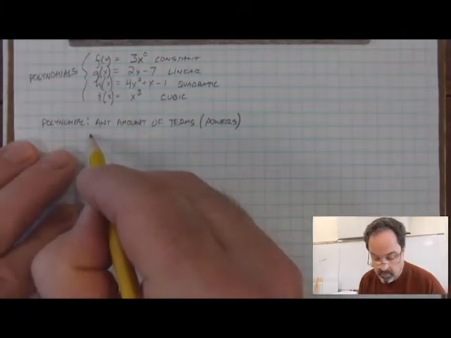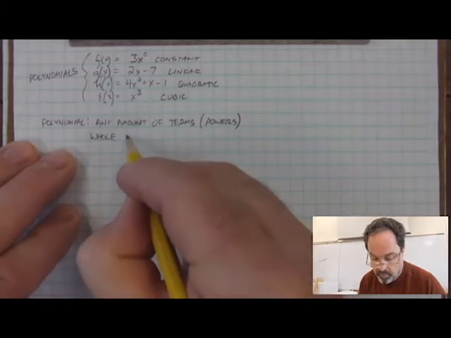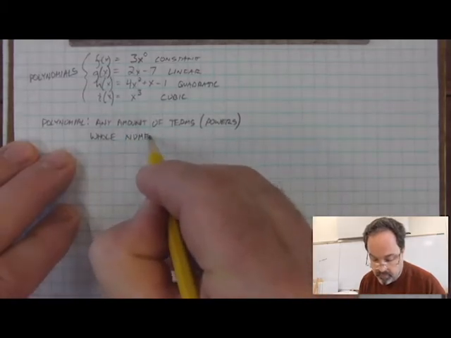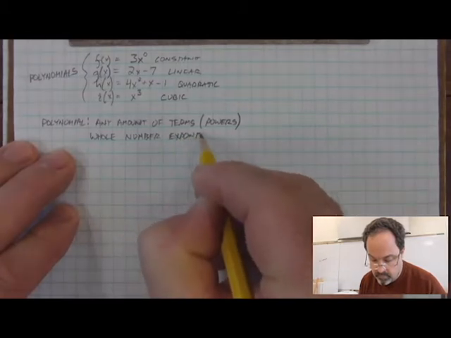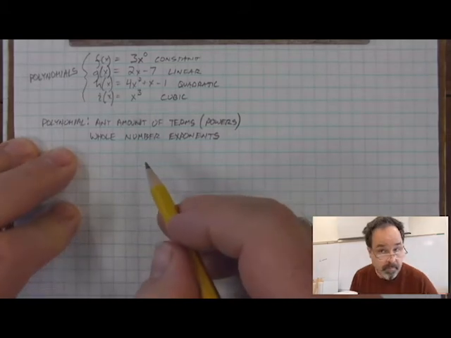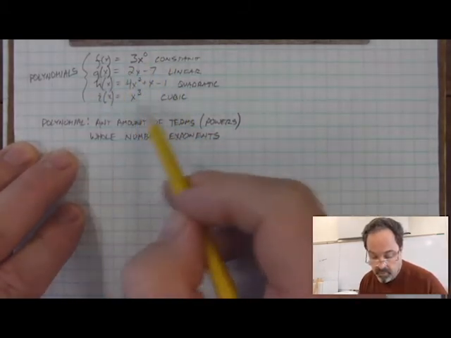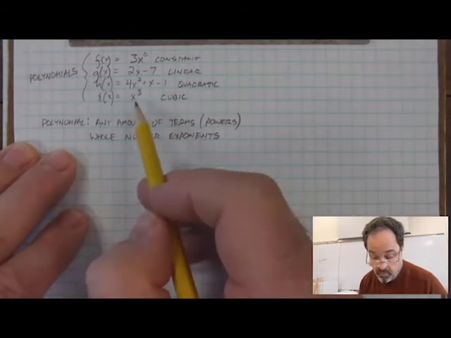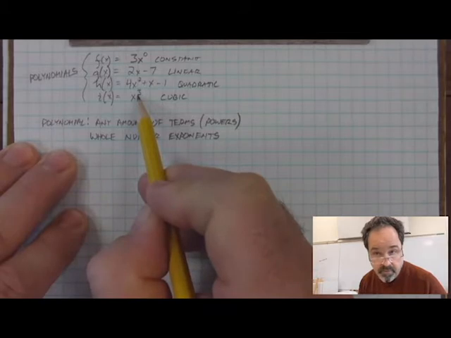Polynomials also must have whole number exponents. A whole number is an integer, but not negatives. So if we look at these polynomials in every single term, focus on the exponents, the cubic has an exponent of 3, that's a whole number.